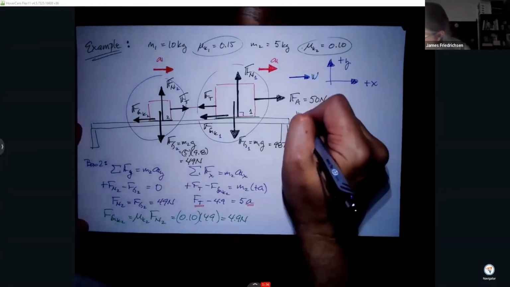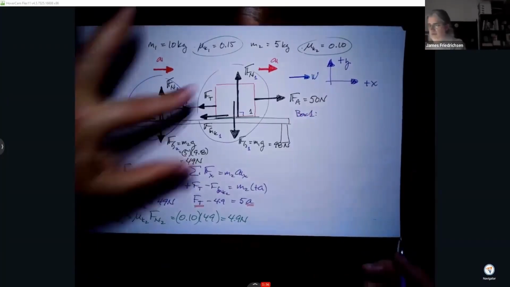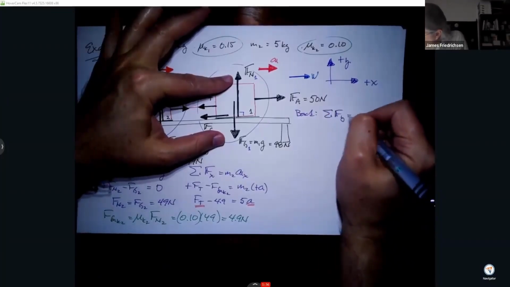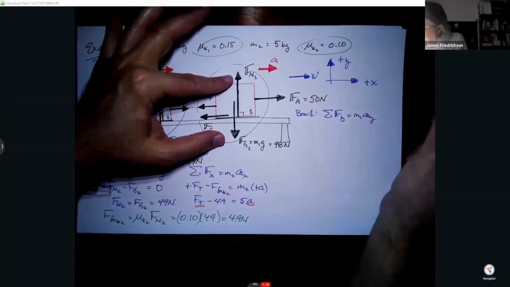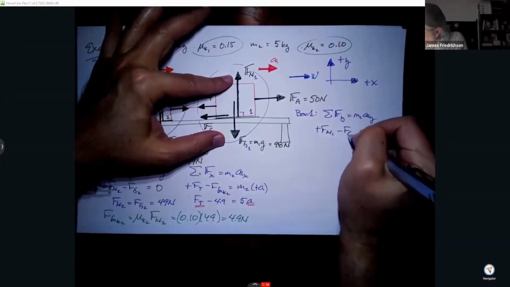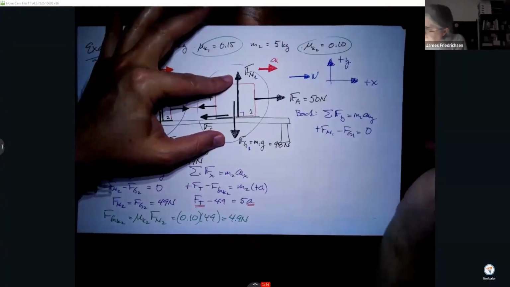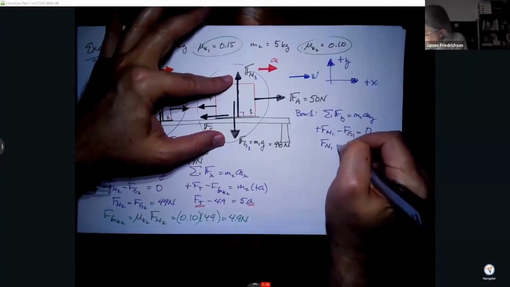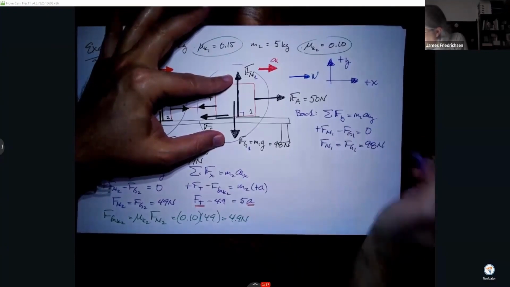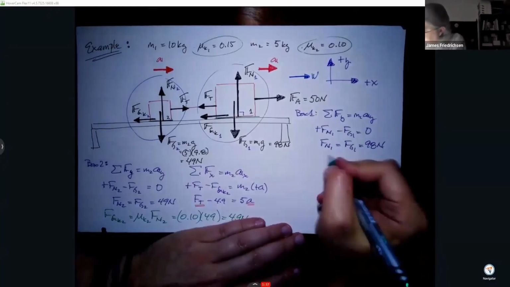So when we come over to box 1, I can write down my sum of the forces in the y direction is equal to mass 1 times ay. I will get plus force normal 1 minus force gravity 1. And since the A is purely horizontal, the y component is 0. Magnitude of normal 1 is magnitude of gravity 1, which is our 98 newtons. This magnitude will tell us the friction.